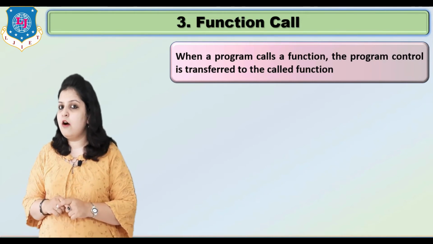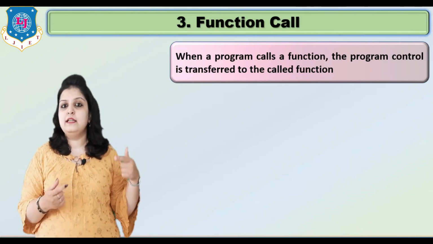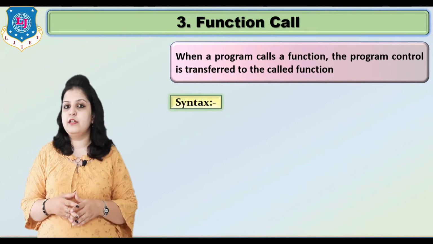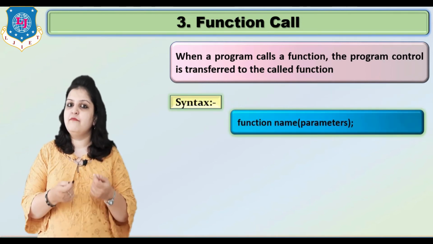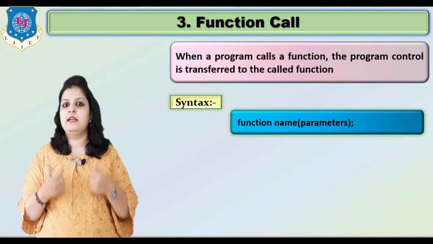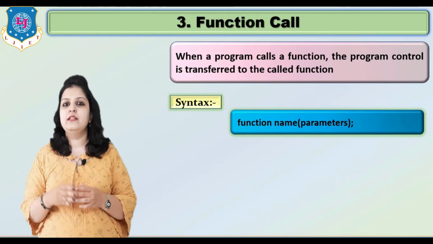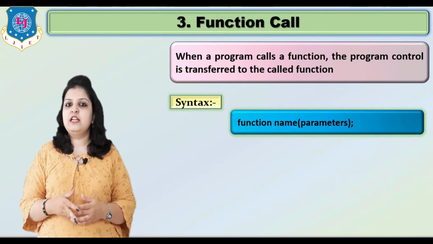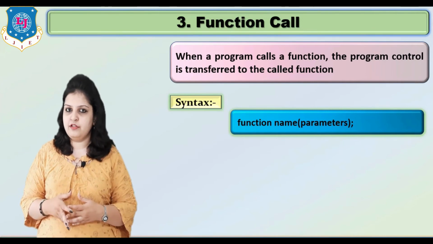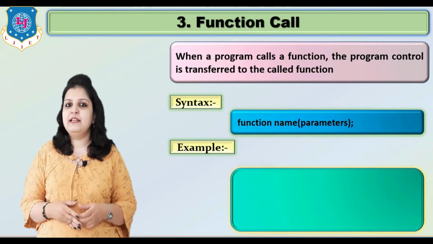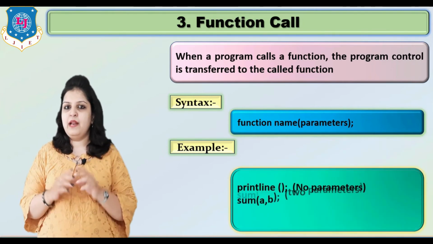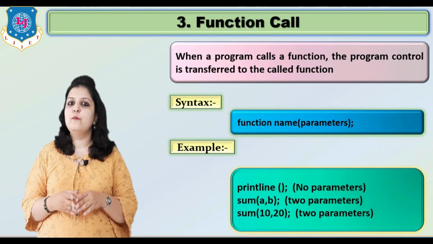And how can we call it? The syntax is to write the function name and in small brackets the parameters, if available, and if not then keep it blank, and then a semicolon, just like any other inbuilt function. Here is the example. The first example is println with an empty bracket, because there are no parameters.